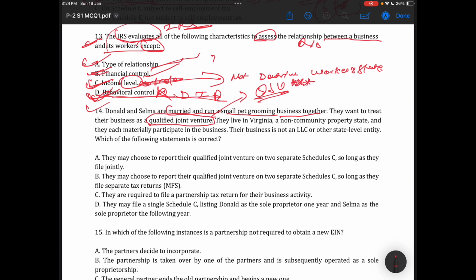It's an important concept, and at least one question you will get from the QJV. They live in Virginia, a non-community property state, and they each materially participate in the business. Their business is not an LLC or a state level entity. Which of the following statements is correct?